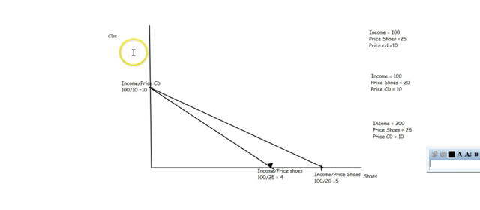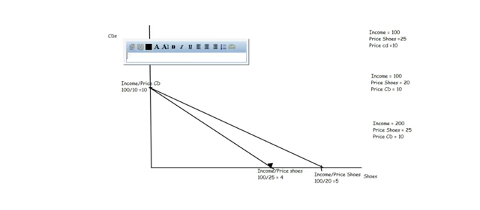Let's look at the CDs. What happens now with an income of 200 and the price of CDs now 10?